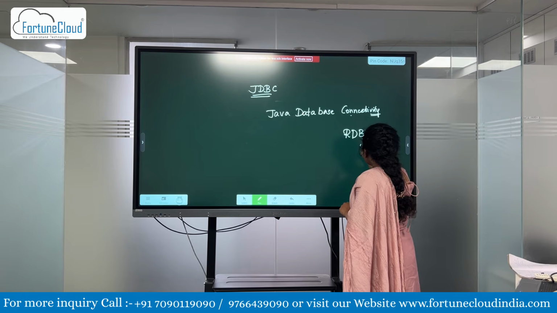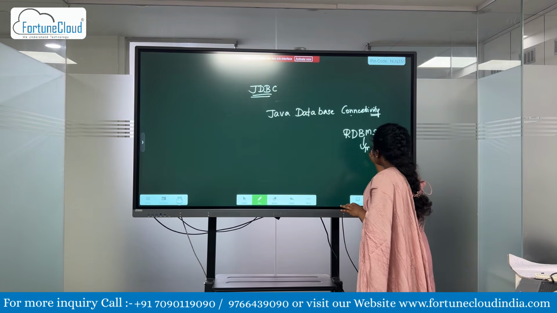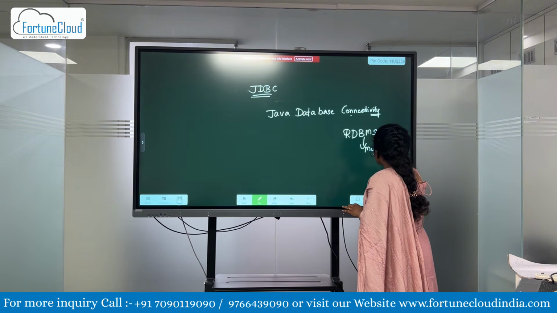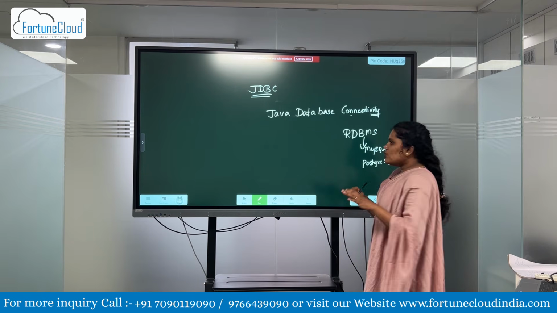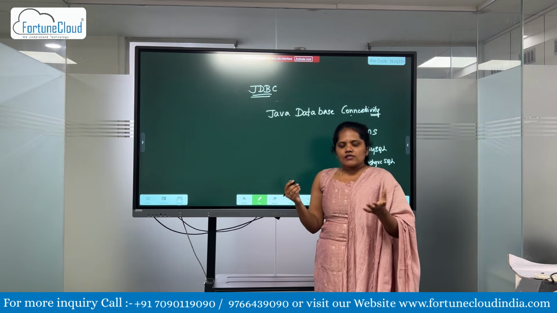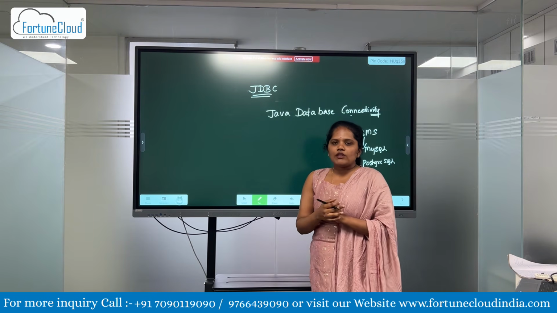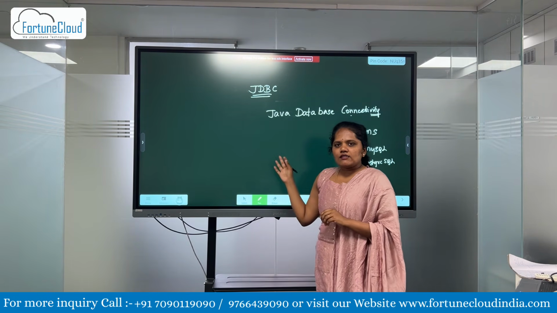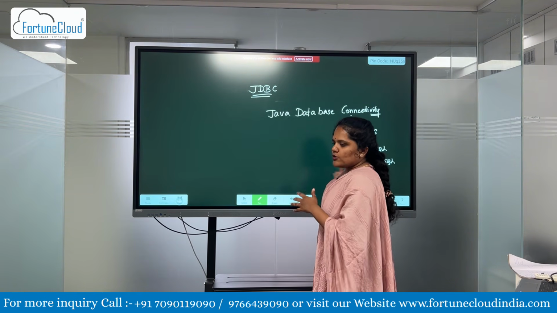An example of RDBMS software is MySQL, or we can say PostgreSQL. Though we have the NoSQL concept nowadays, with popular software like MongoDB, many industries are still working with RDBMS such as MySQL or PostgreSQL.